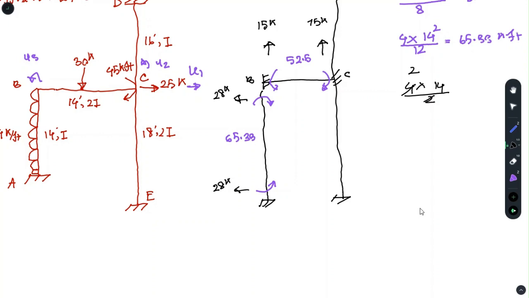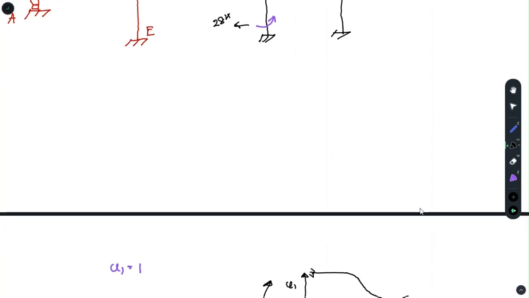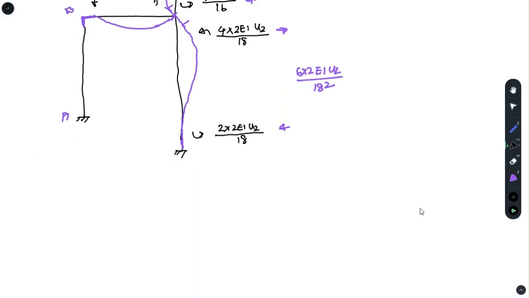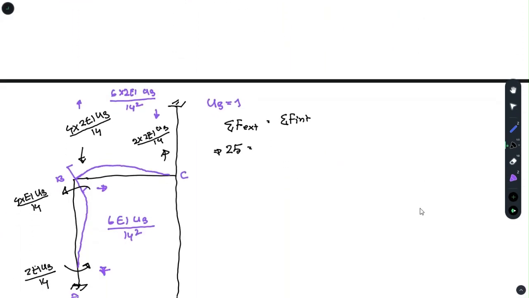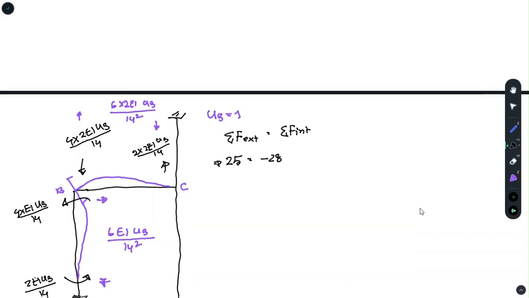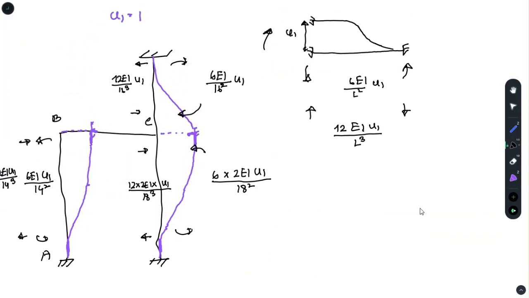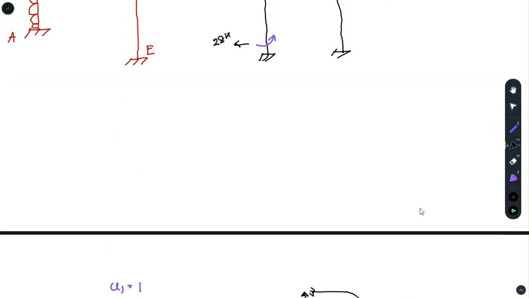It's left directed, so we're taking left directed as negative. So we're getting minus 28 internal force, for the fixed end moments case.